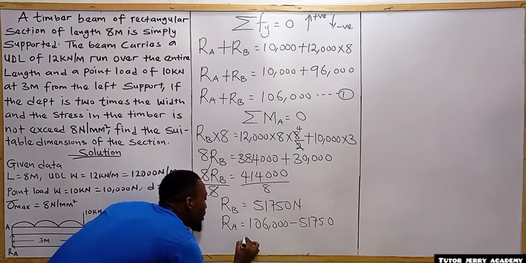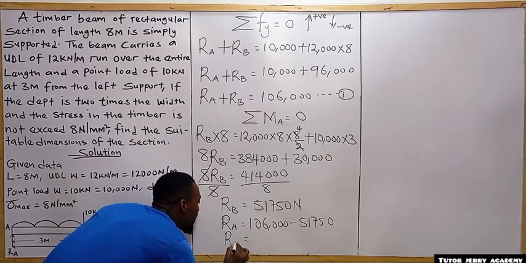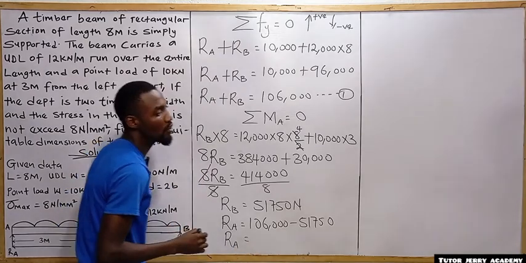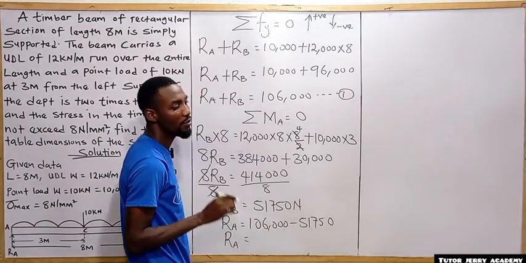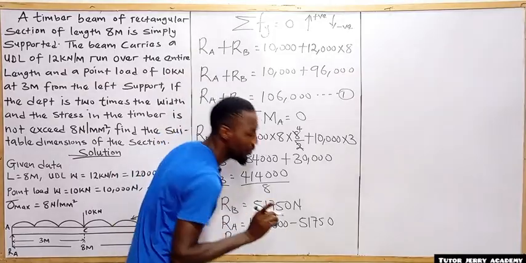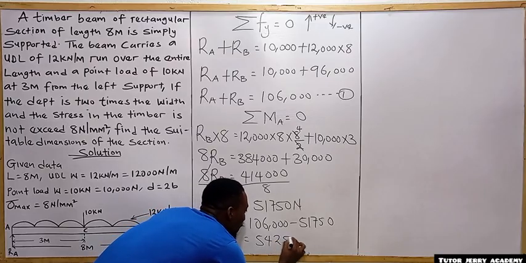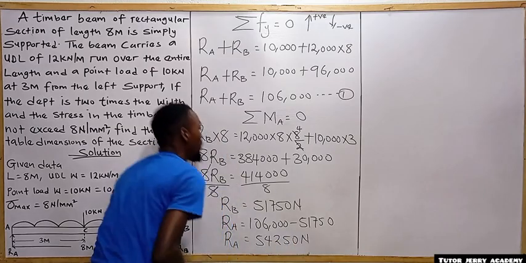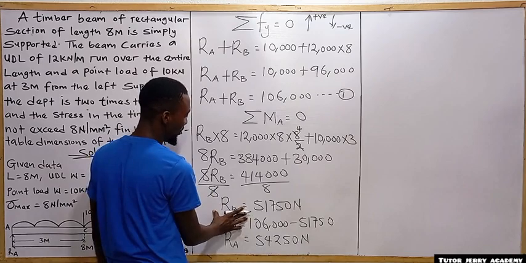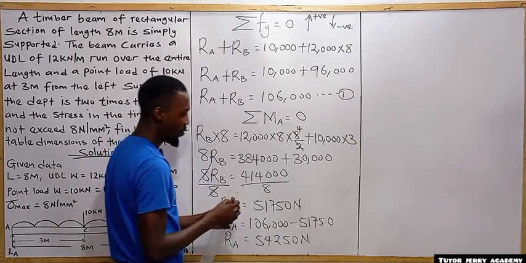If you subtract that, our reaction at A is going to be equal to 54,250 Newton. Alright, so this is our ROB, this is our ROA.